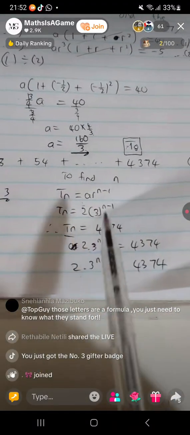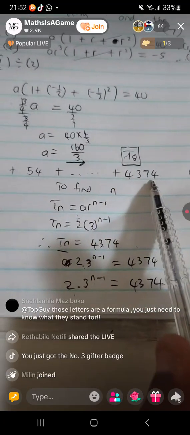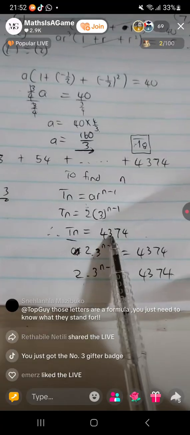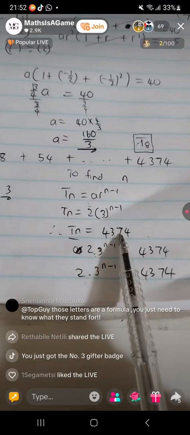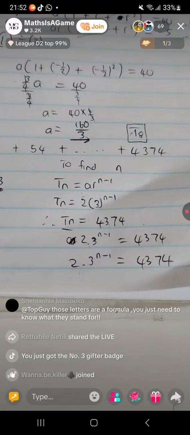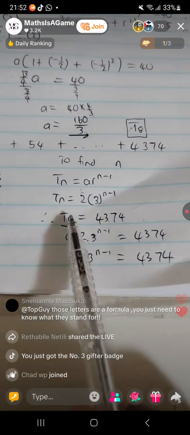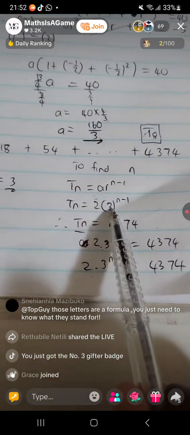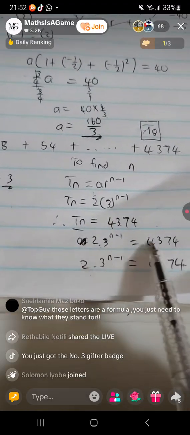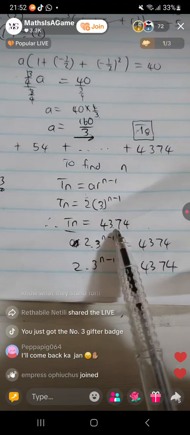After so doing, I took the nth term and I made it equal to 4,374. Then, the nth term, which is 2 times 3 to the power n minus 1, I made that equal to 4,374 as has been equated.